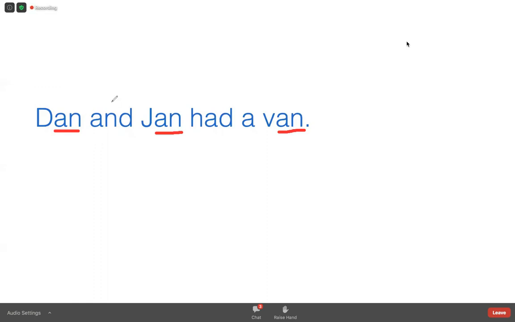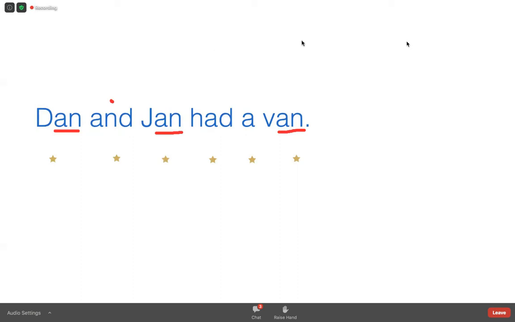And this word does not rhyme with Dan, Jan, and van. It doesn't rhyme. Okay. So I have my an words underlined. We're going to read the sentence. I'm going to stamp it with some stars as we read each word. Dan and Jan had a van. Very good.